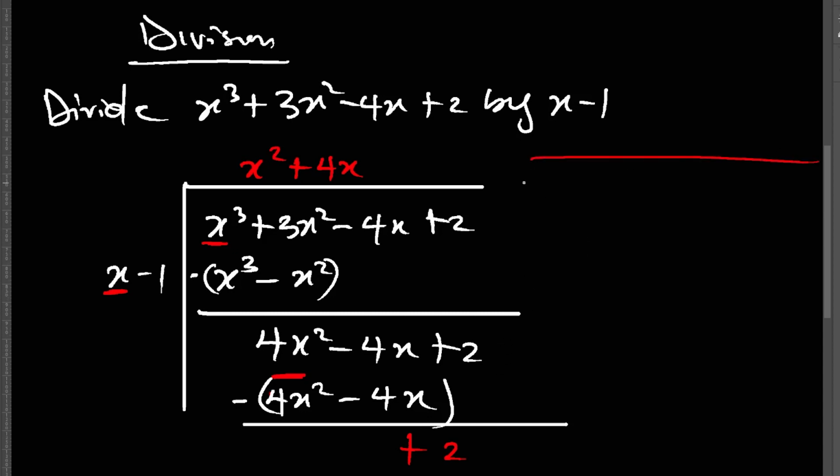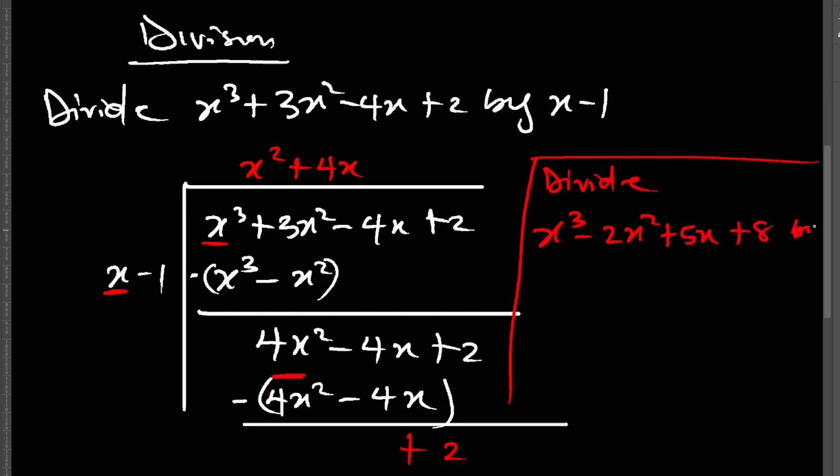The question says divide x cubed minus 2x squared plus 5x plus 8 by x minus 2. So let me know what your answer will be. What was the remainder, in the comment section?